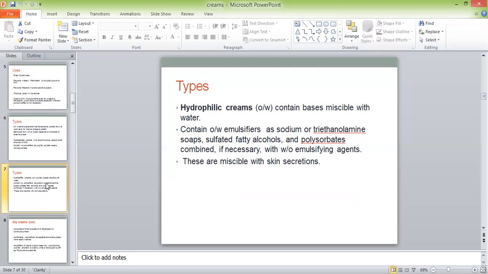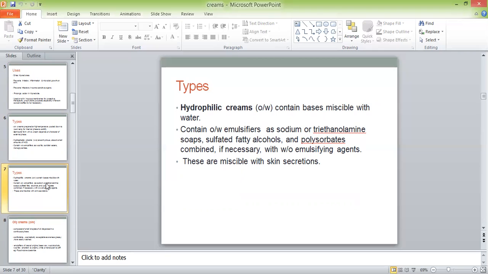Now, triethanolamine is an active ingredient which is present in eardrops for earwax, and it is used as a pH balancer, and it is also used in certain creams and lotions. It is also used in eye gels and moisturizers.